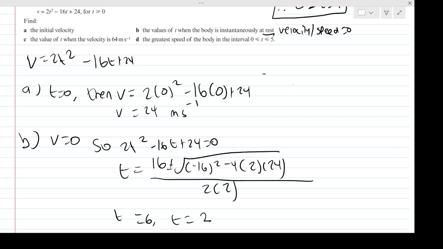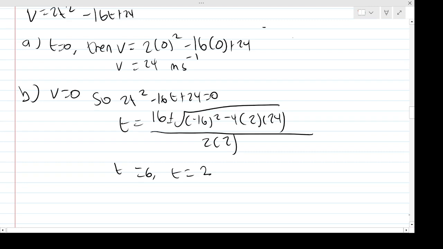Actually both of those values make sense, because the question says values, plural. So they're both solutions here. Those are the 2 times when the object very momentarily gets its speed to 0. So that's 2 seconds in and then 6 seconds into the journey, that's when the speed is 0.